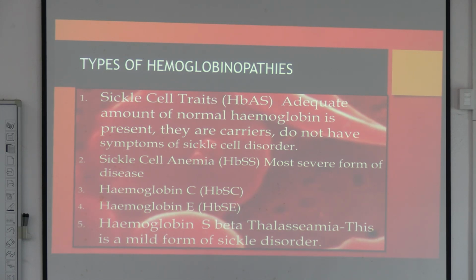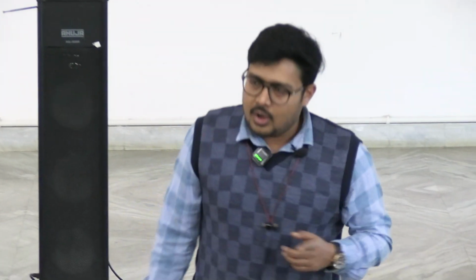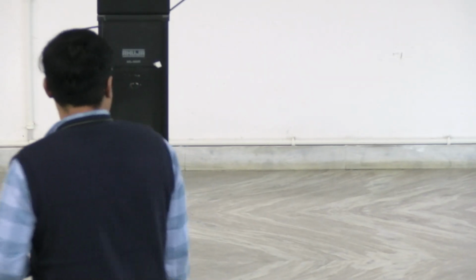So the translation of the protein will be different and the character of the protein will be different. In hemoglobin S, the main mechanism is that valine replaces glutamate at the 6th position, and hemoglobin S is formed.